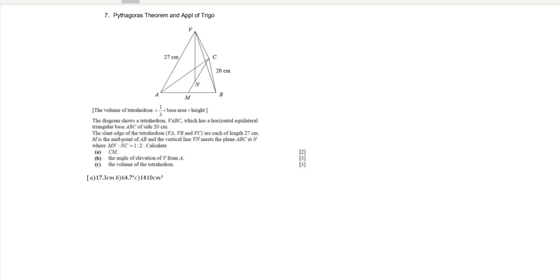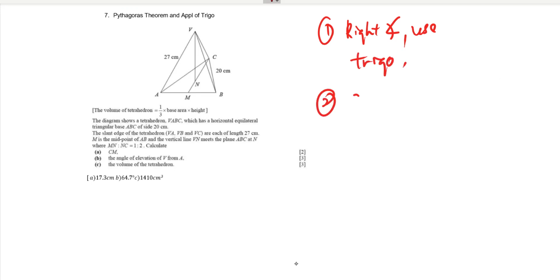It might also come out as a real world application question, asking you to find angle of elevation, angle of depression. So always remember, number 1, if it's a right angle triangle, use your normal Trigo. If not a right angle, then use your sine rule and cosine rule.